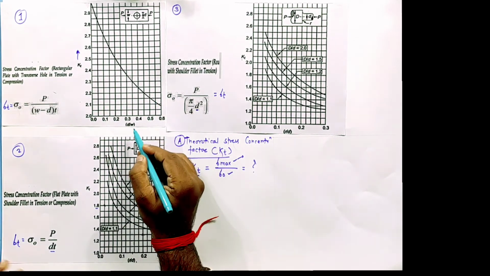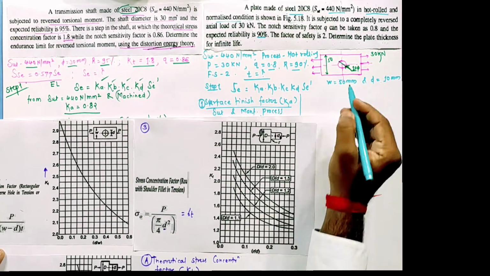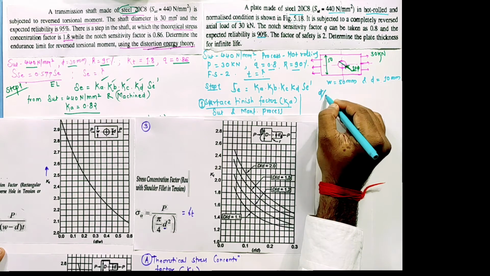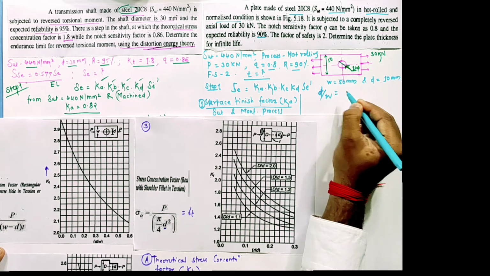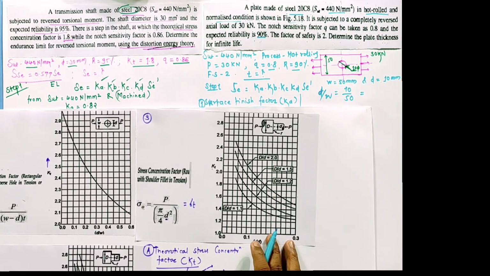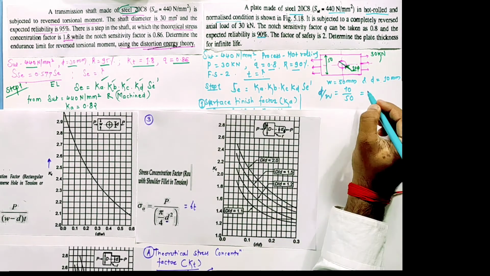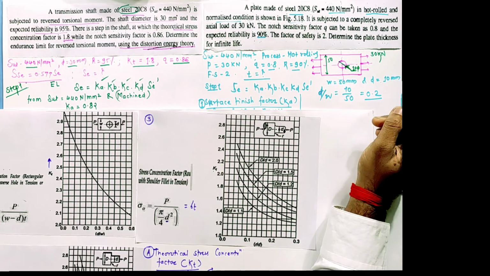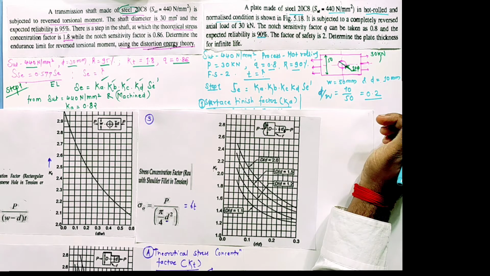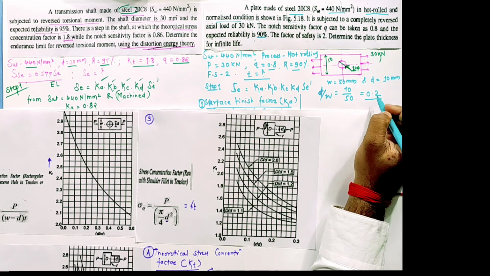Here what we require is d by w. d is 10, w is 50, so d by w is 10 by 50, which is 0.2.